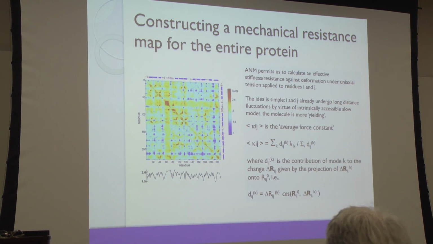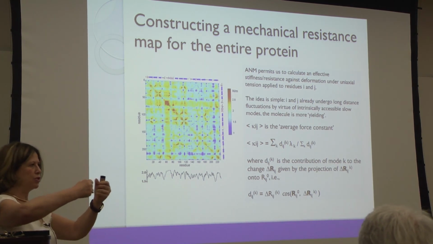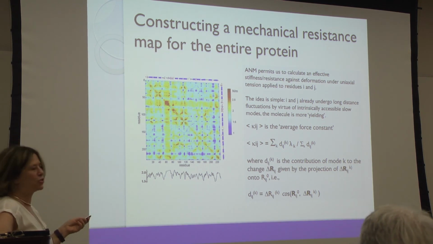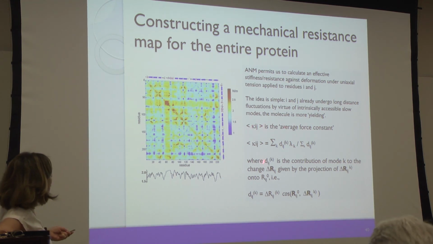All right, so this is the map that you can get. For every single pair of residues, now you know what is the resistance to deformation. You have those numbers. And this was the theory behind it. Maybe I don't want to go into the theory right now in the interest of saving time.